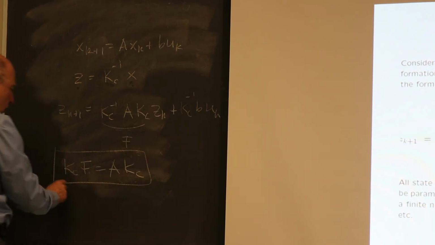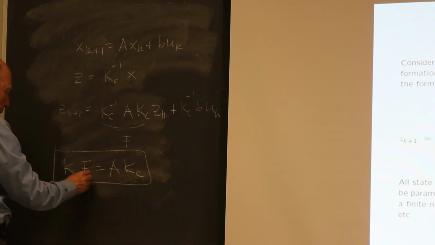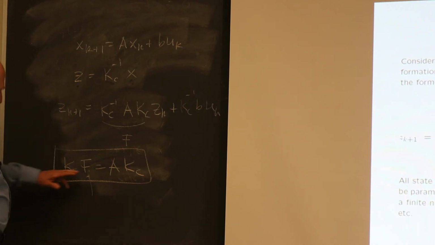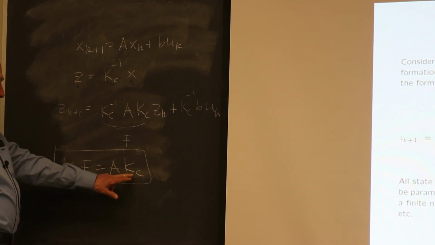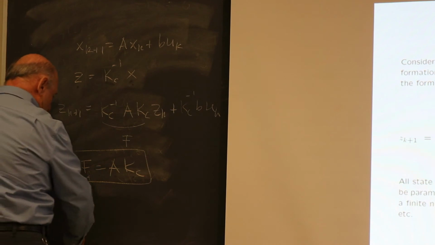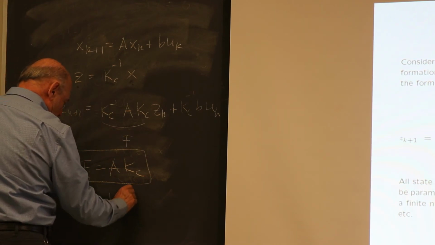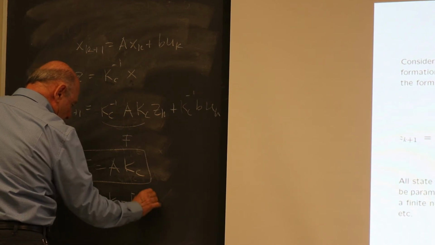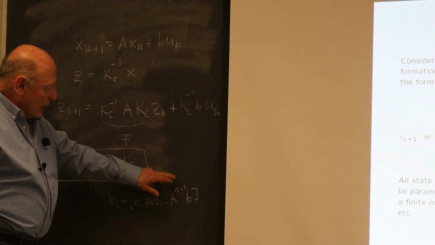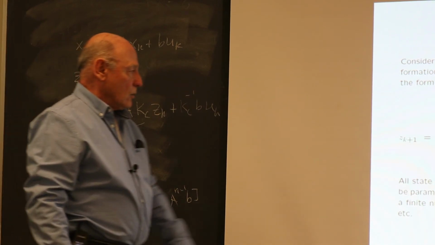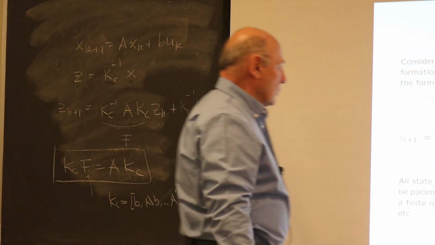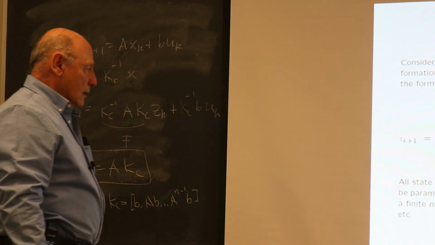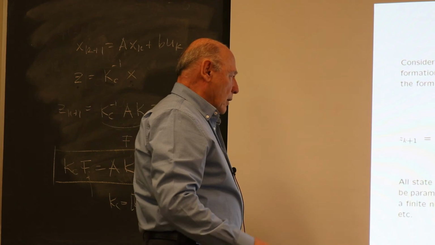And from this relation, the way to compute F, if you do it row by row, you will realize that knowing A and the controllability matrix, which is B, AB, and so on, by the Cayley-Hamilton theorem, A to the n can be replaced as a linear combination with these coefficients in terms of the previous powers of A, starting from the 0th power up to the power n minus 1.